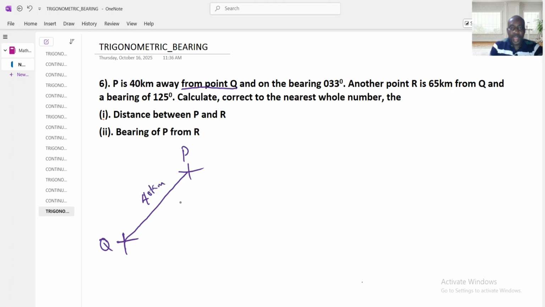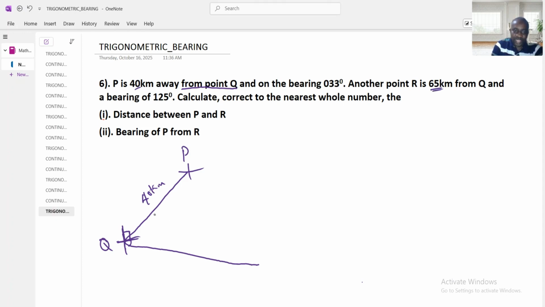The next part says another point R is 65 kilometers from the same point Q and a bearing of 125. Now, on a bearing of 125, we start from here to here is 90, then 91, 92, 93, 94, up to 125. This line should be longer than the 40 kilometers, because we have 40 here and 65 here.